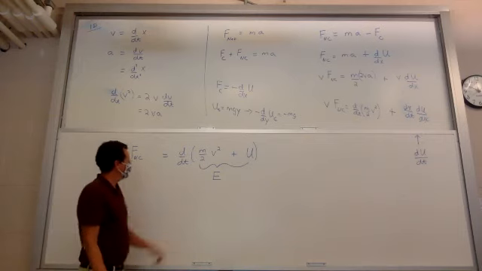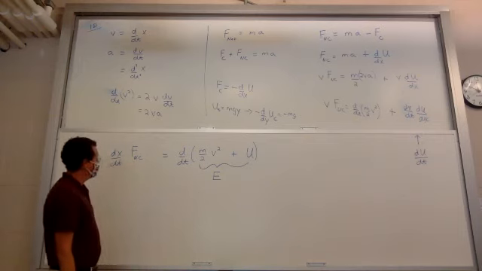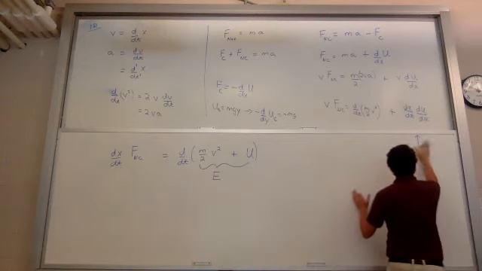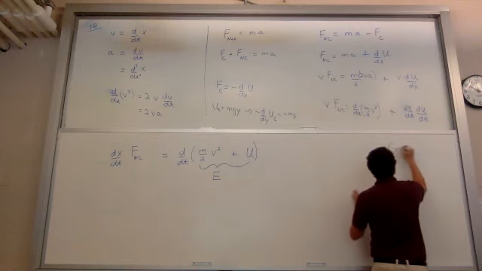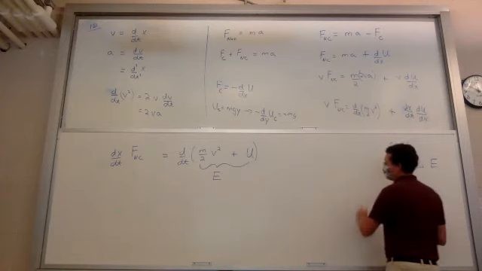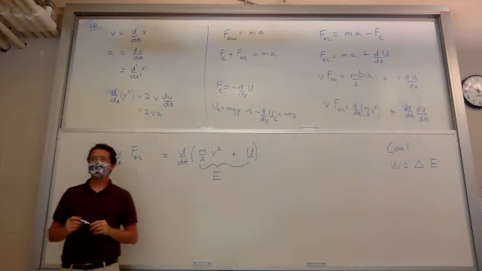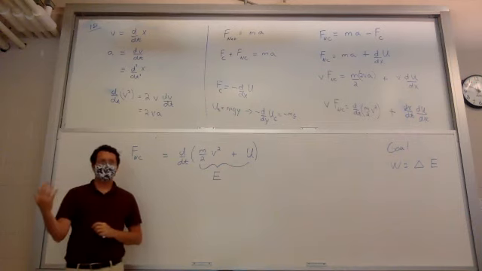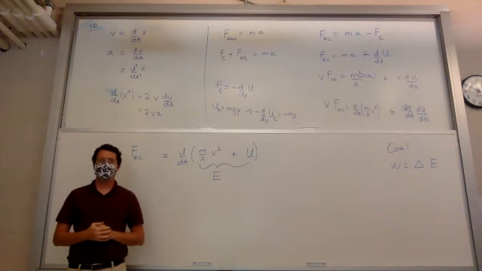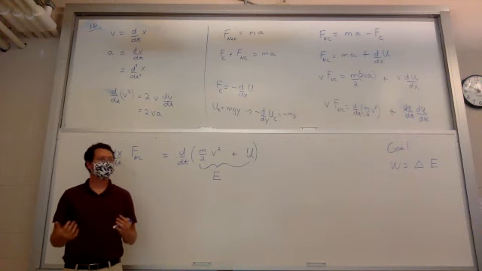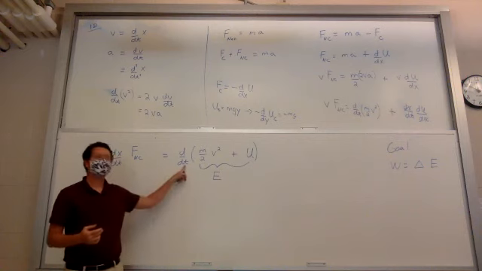All right. So let's remind ourselves, what's the goal? Work is the change in the energy of the system. Here I have a derivative on the energy of the system. How do you go from the derivative of something to the change in the thing? How do you get rid of a derivative? Integrate with respect to time.